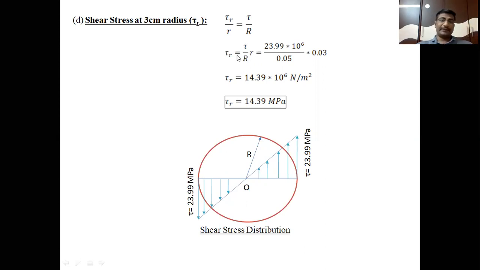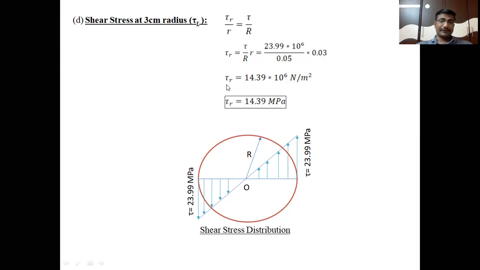From this equation, we can calculate the shear stress at any radius r. So tau R is equal to 23.99 into 10 to the power of 6, the maximum shear stress at the surface, divided by the full radius of the shaft, 0.05, into small r, that is 3 centimeters, 0.03 meters.